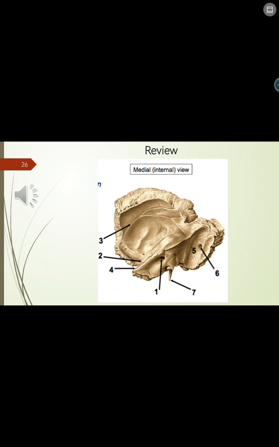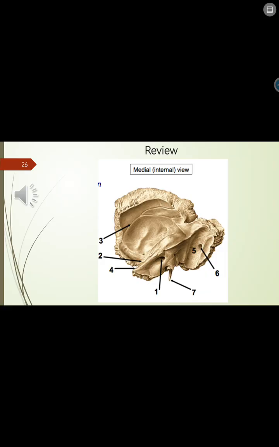Another picture for reviewing the different elements in the temporal bone with different numbers. Please answer the numbers and study the anatomy of the temporal bone.